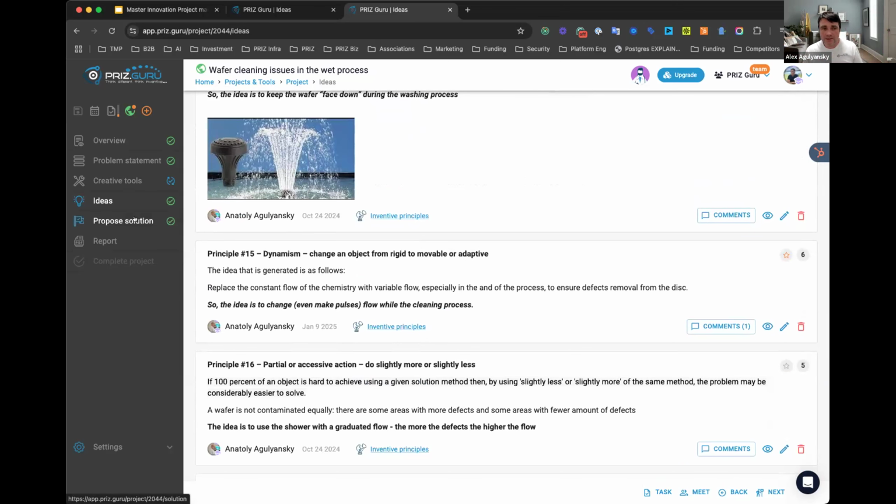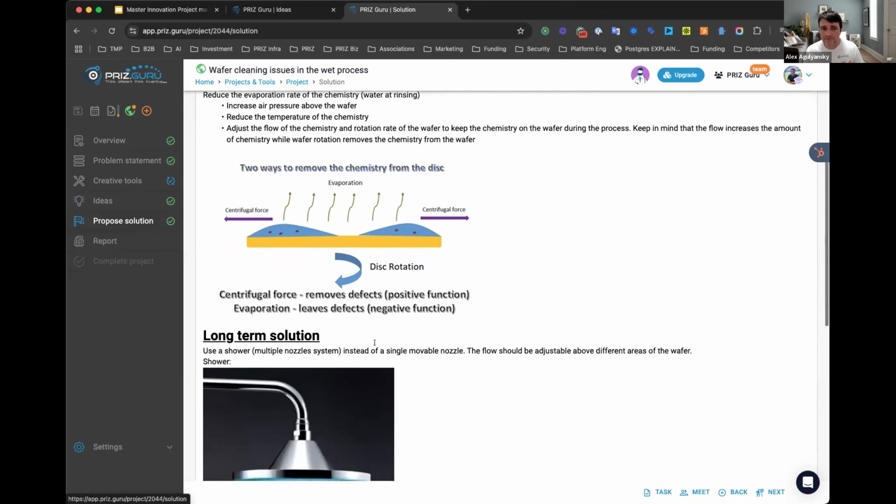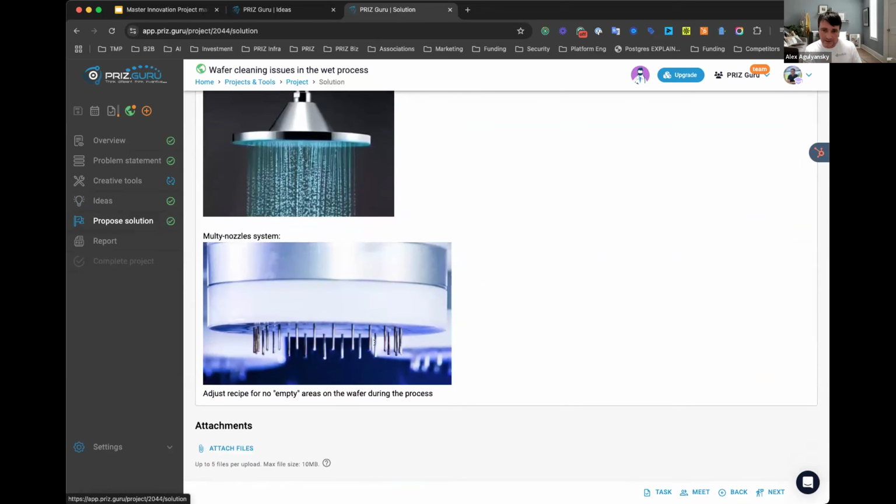At the end of the day, what is it we want to generate? We want to generate the proposal for the final solution. And the proposal for the final solution is almost never a single idea. Sometimes it is, but it's a combination of all the knowledge that we gathered inside the project.